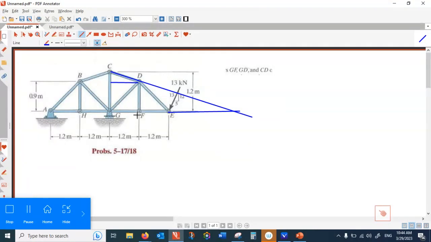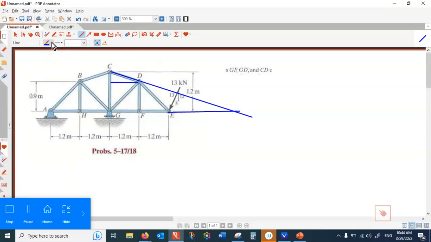All right. And why do I need that? Because later on, when I cut through this one, I get a force through the CD, and rotation of CD with respect to the G, that can be done easily if I know the shortest distance between G and CD.